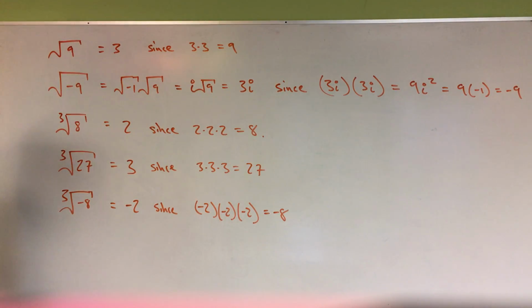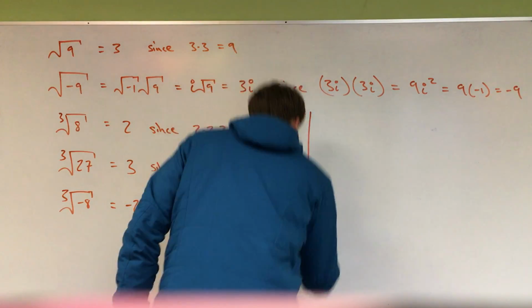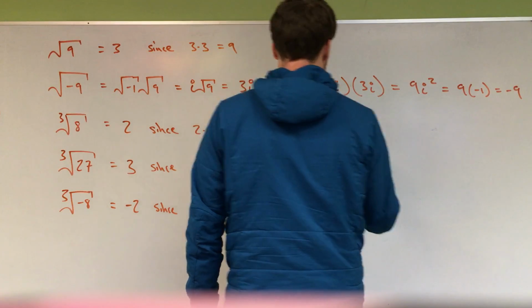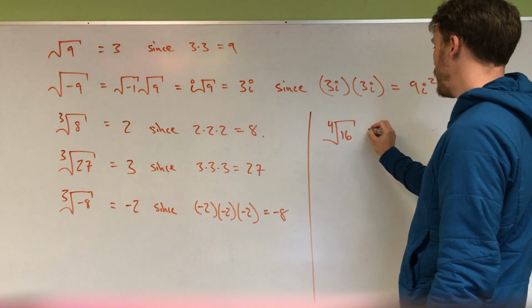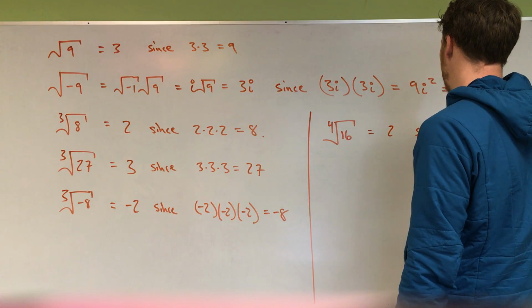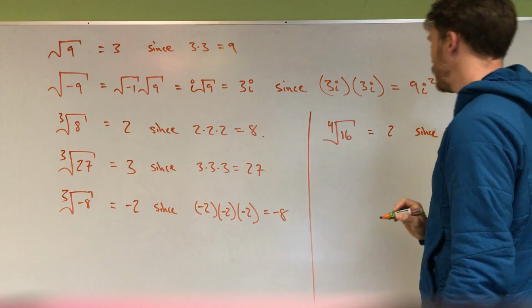So we can extend this to other things. We could have the fourth root of 16 and say, what multiplies 4 times to get 16? That would be 2, since 2 times 2 times 2 times 2 equals 16.